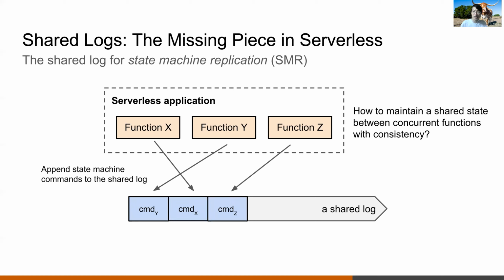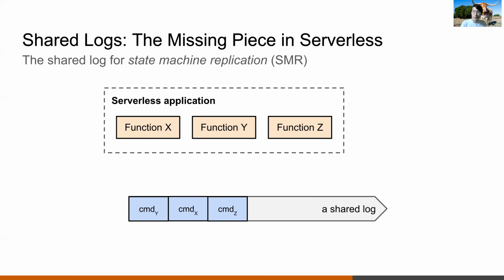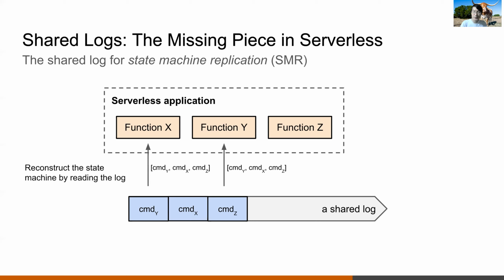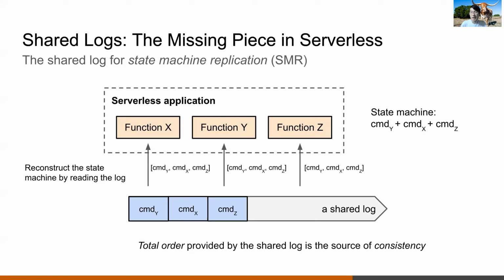They can append concurrently, and the log will order these commands. Later, functions X, Y and Z read back commands from the log. They will all read the same sequence of commands, so that the shared state machine can be reconstructed by applying these commands in sequence. We can see in this example, the total order provided by the shared log is the source of consistency.